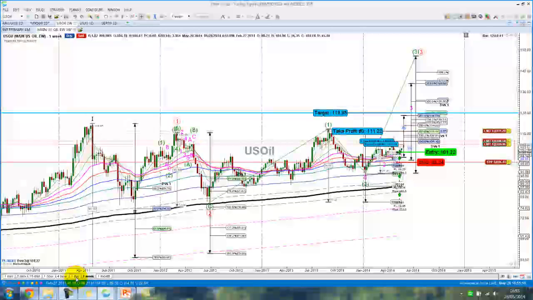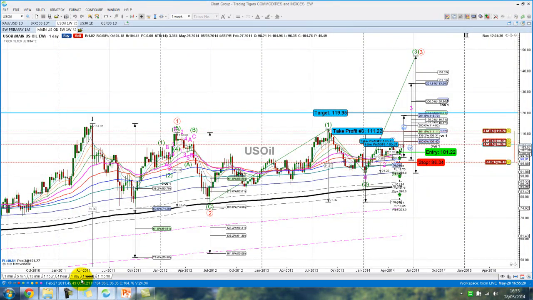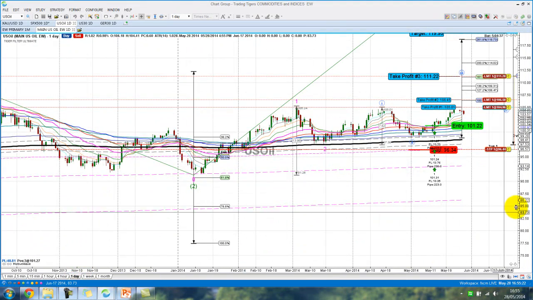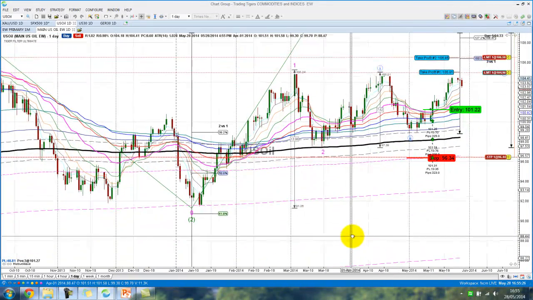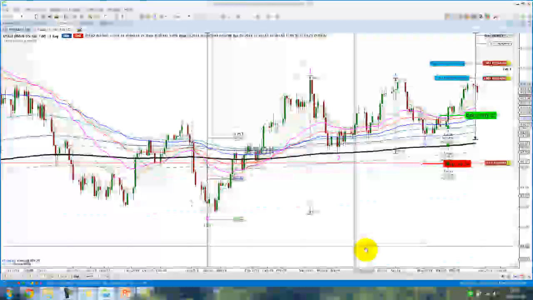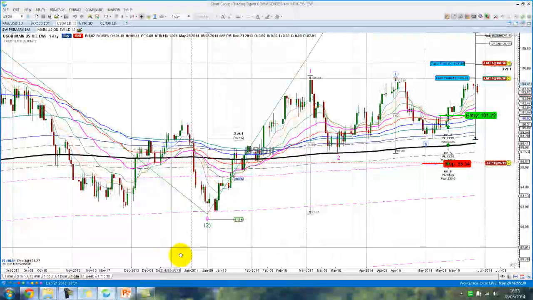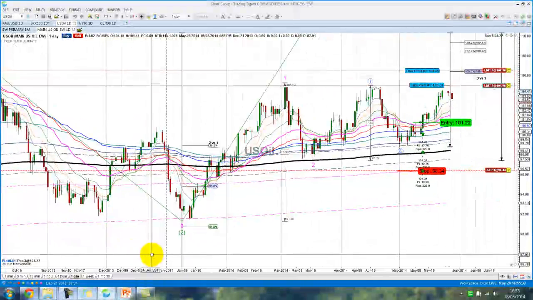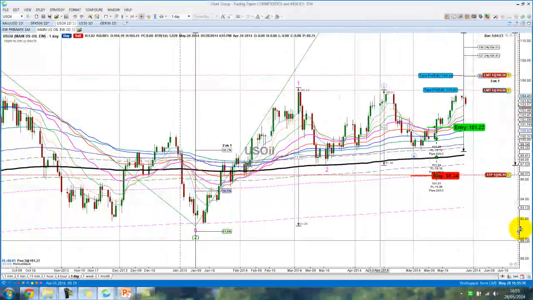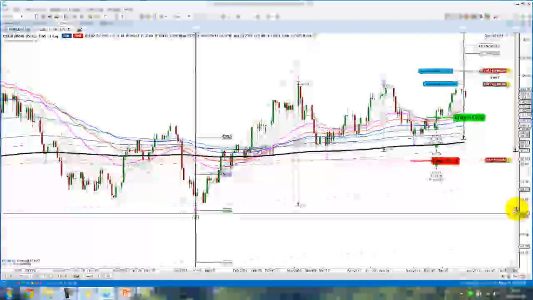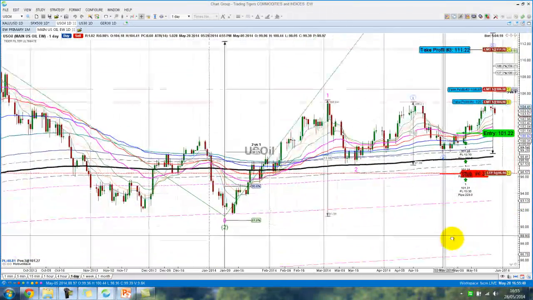Let's knock it down now to the daily chart. This is the chart that we're trading from. We've told you we're in a wave 3 of the primary degree, and as you can see straight away here, you can see the wave 2 of the intermediate, which is the subwave of the primary.